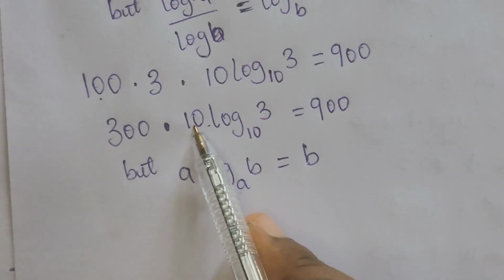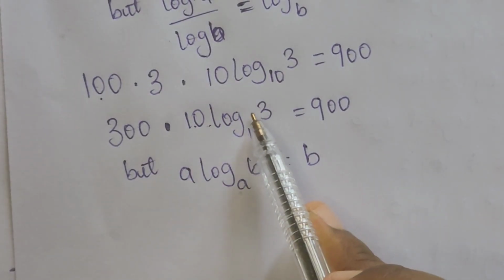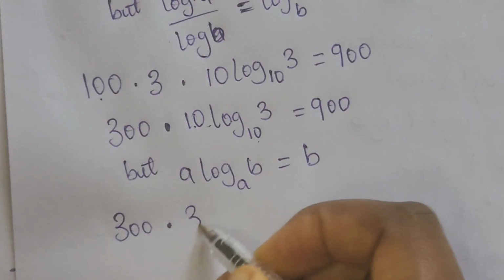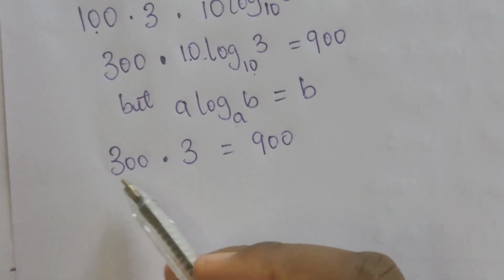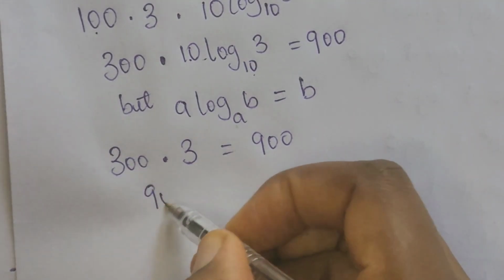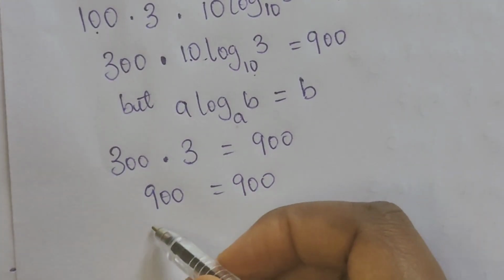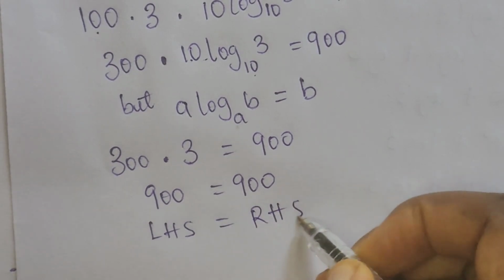So from here we have 10 to the power of log base 10 of 3. So this will become 3. So we have 300 times 3 equal to 900. 300 times 3 we know is 900, equal to 900. So it simply means that the left hand side equals the right hand side.